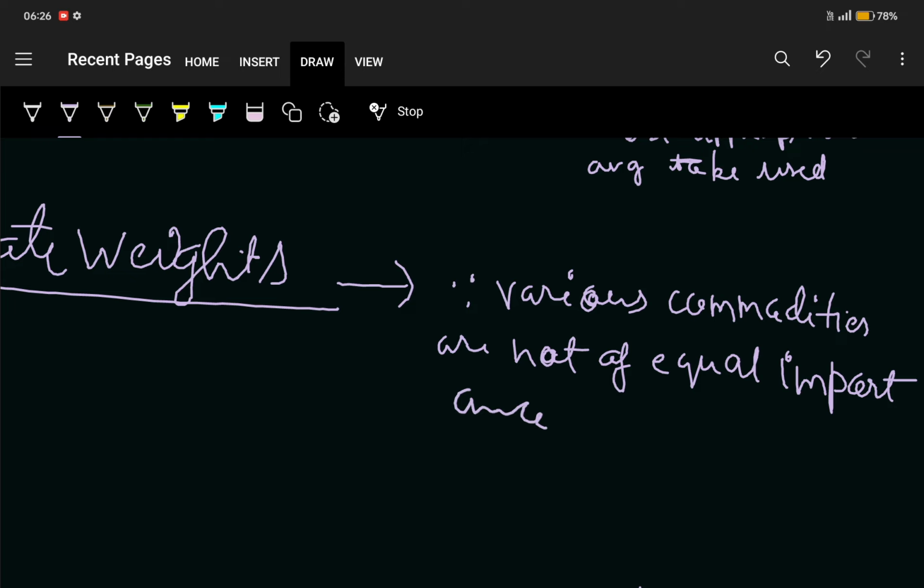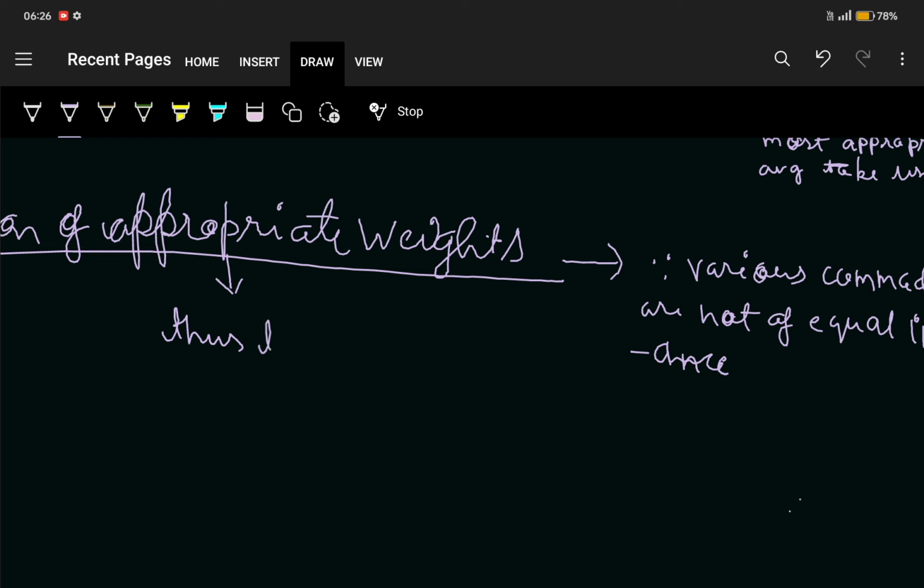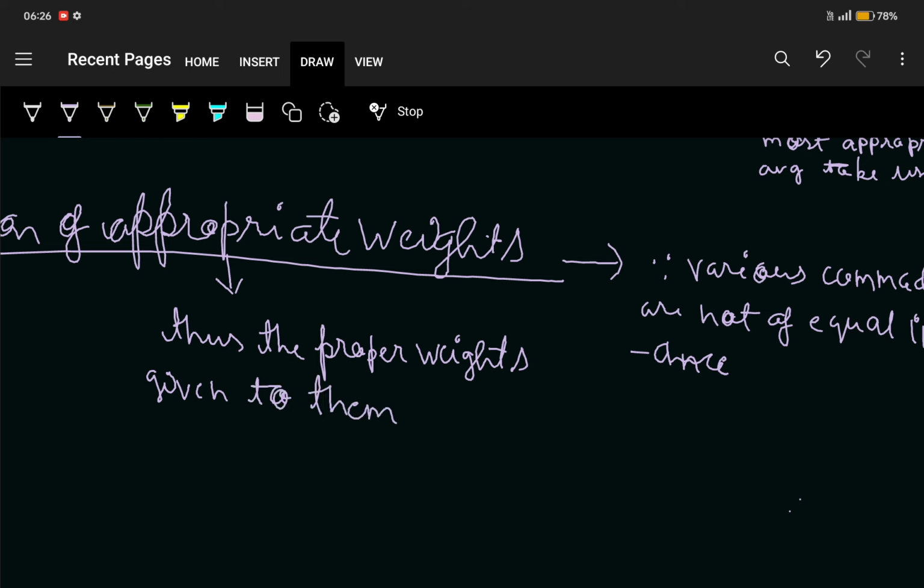Thus the proper weights should be given to them according to their importance.